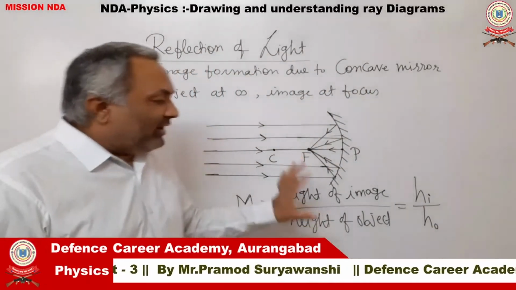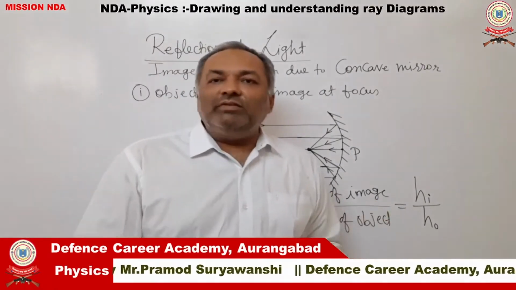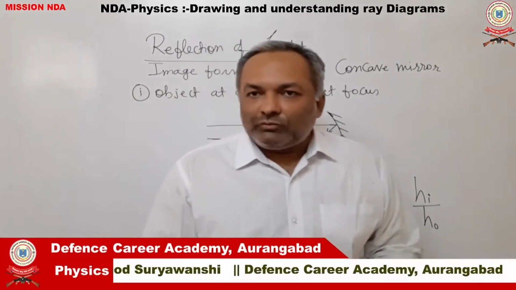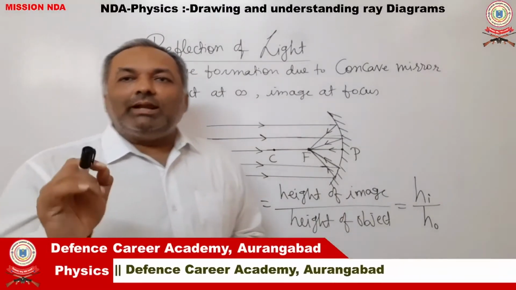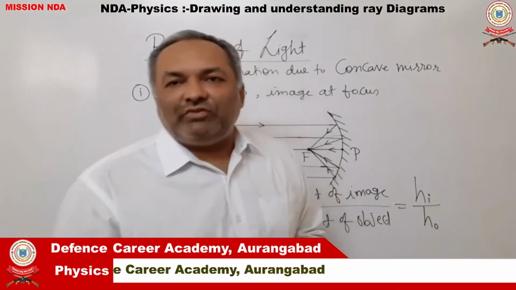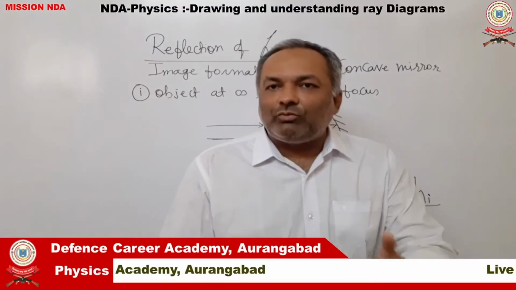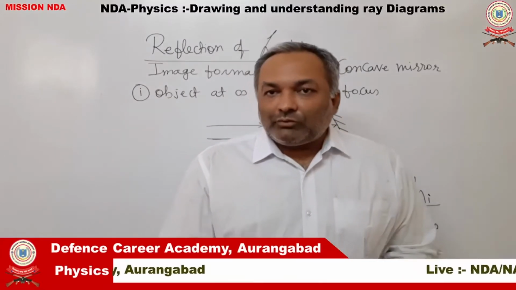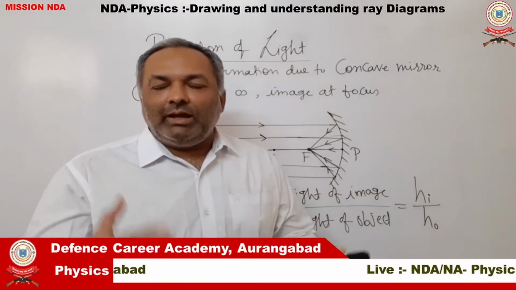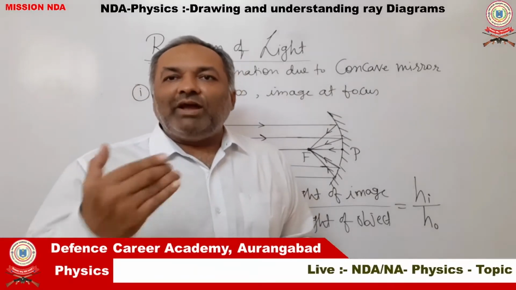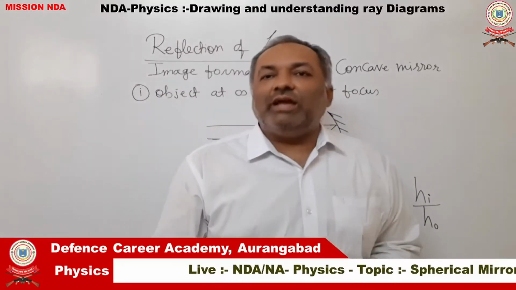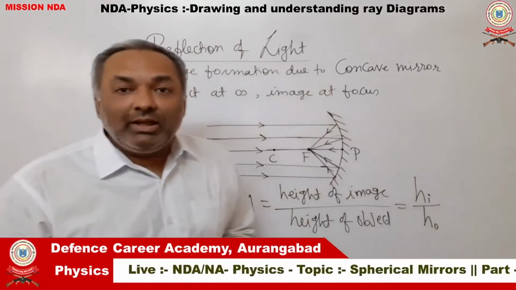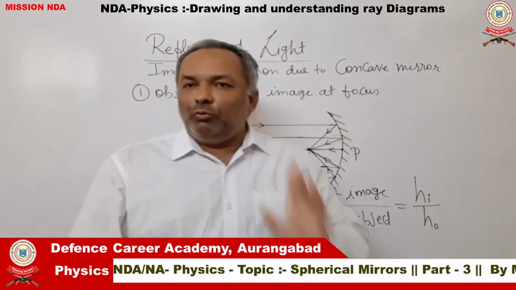So what is the concept of magnification? Magnification shows you the relative size of the image in comparison with the actual size of the object. If the object has a height of 5 centimeters and the image has an actual size of 10 centimeters, then the magnification will be 2.